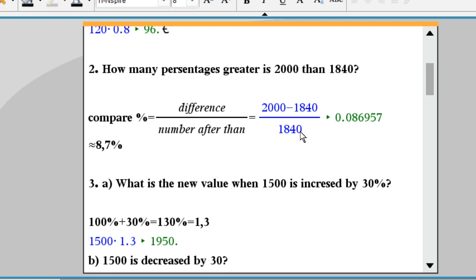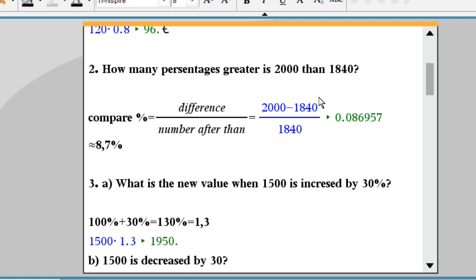And usually this type of question would be in a way that, let's say the new salary would be 2000 and the old salary would be 1840. That type of question we will always compare to the older value.